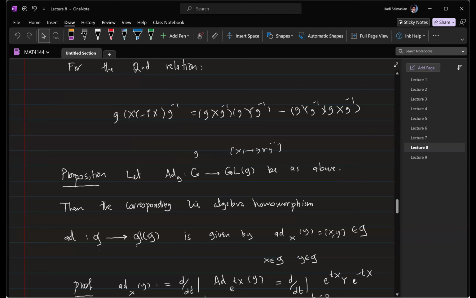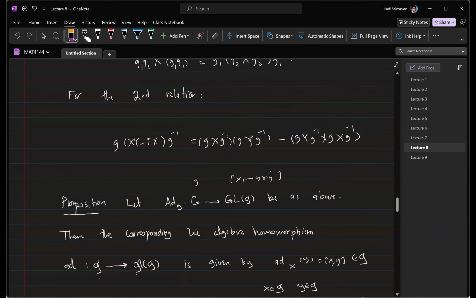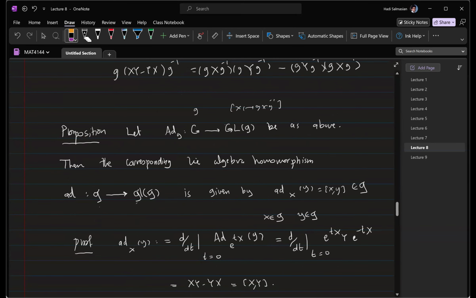And then we learned that the derivative, so to speak, of this adjoint map, the corresponding Lie algebra map, would be, of course, a linear map from the Lie algebra of G to the Lie algebra of GL(G), which is the Lie algebra of all linear transformations on the vector space G with the usual matrix commutator xy minus yx.